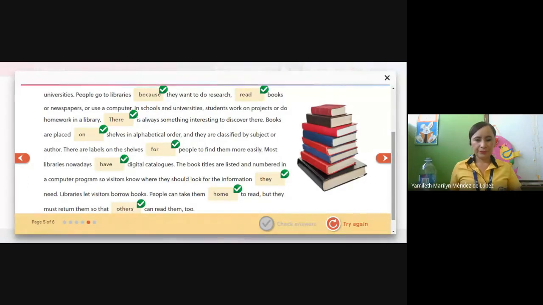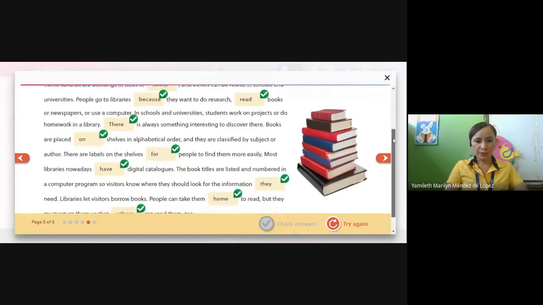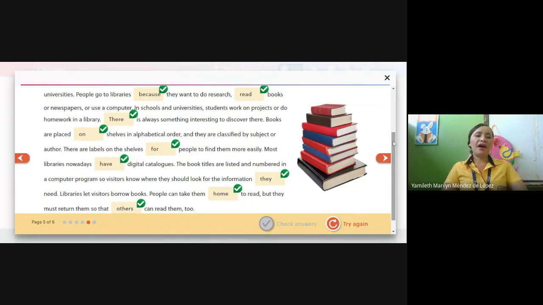As you can see, it is necessary that you follow the instruction and read carefully in order to guess the correct options. But if you read, okay, people go to libraries, and you don't read the last part of this sentence, you are going to make mistakes.